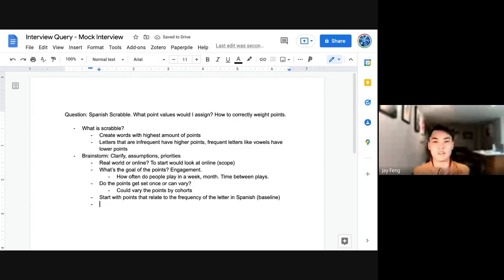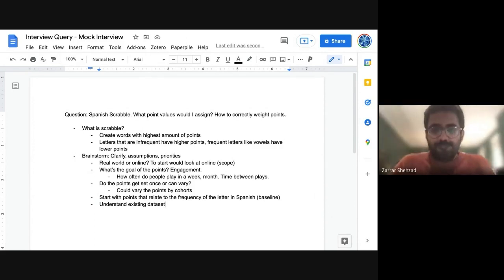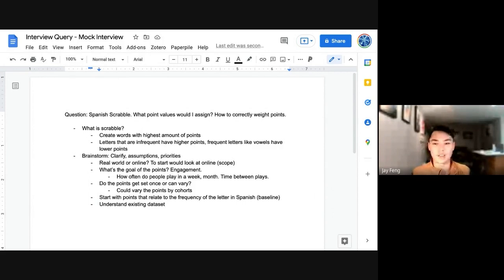For one, there is the existing Scrabble data set of how the points are weighted to letters in the English language. And then we also have probably all the words from the Spanish language that we could find and actually assign frequencies for, that first bullet point that you have relating points to the frequency of the letter.